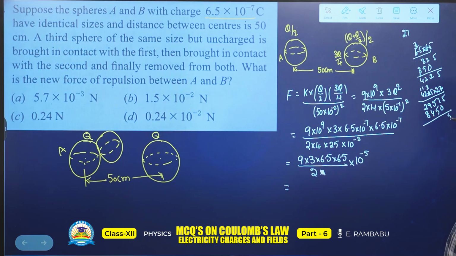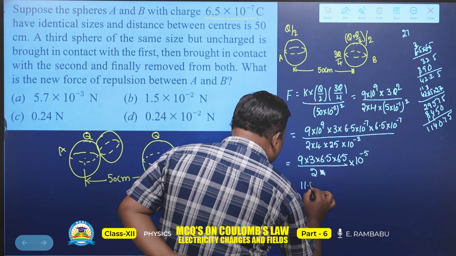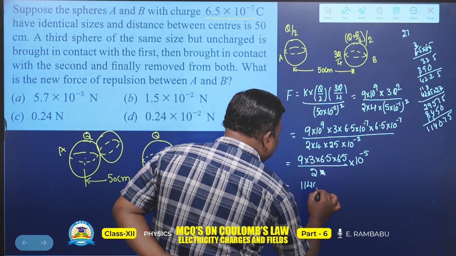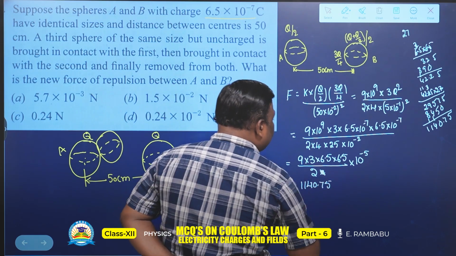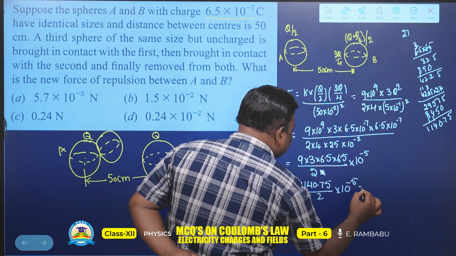So finally it is 1140, and the decimal point can be taken after 2 decimals. Here 1140.75 divided by 2 into 10 to the power minus 5.